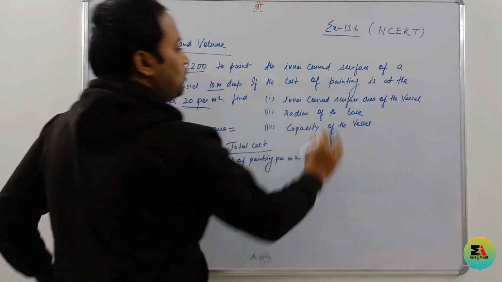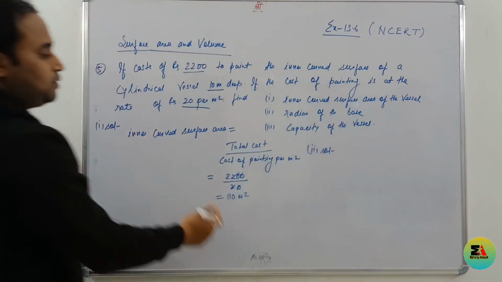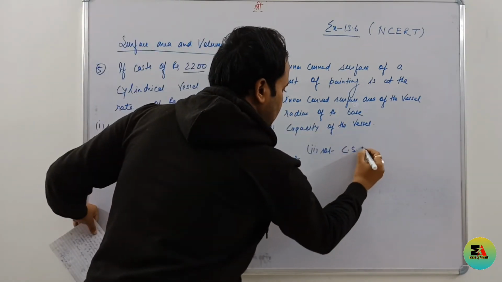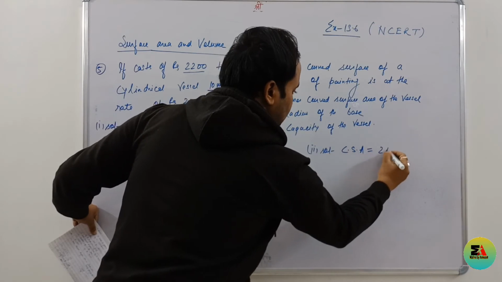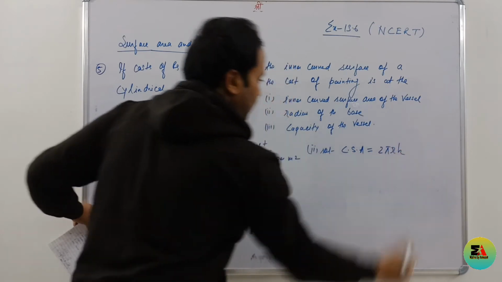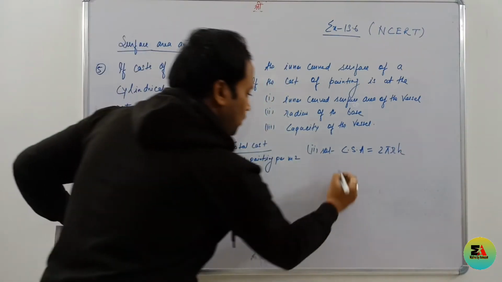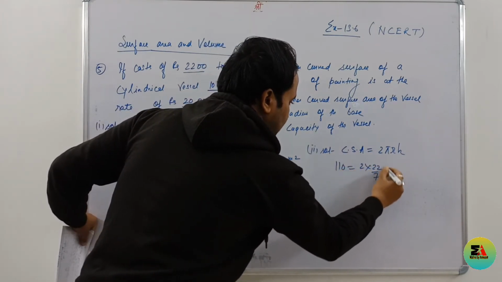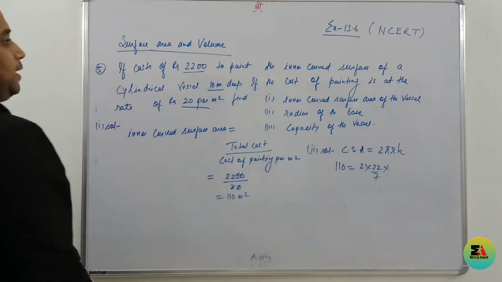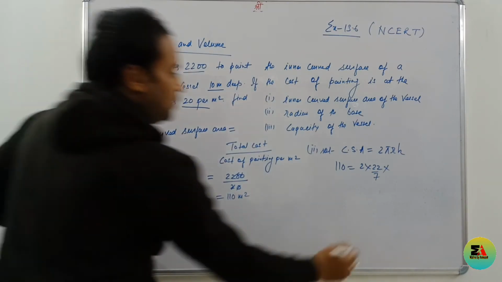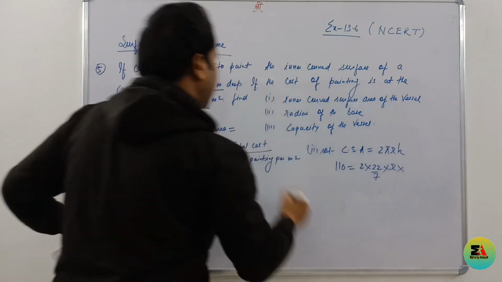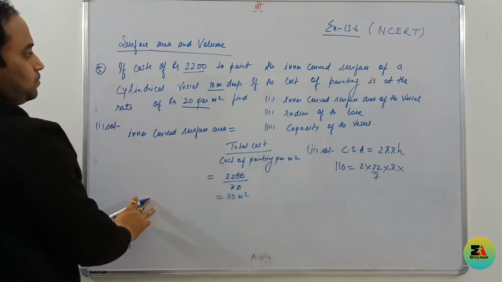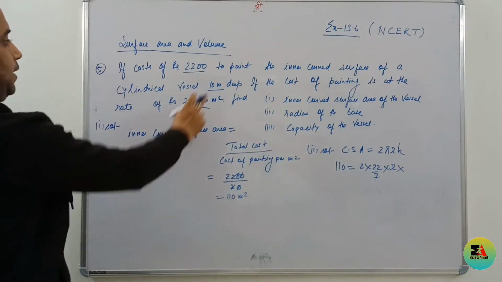In case 2 you have to calculate radius. Inner curved surface area is already calculated. We know that curved surface area of cylinder is 2 pi R H. Curved surface area is already calculated, 110. Substitute all the values. 22 by 7, radius is what we have to calculate, and height is 10 meter.